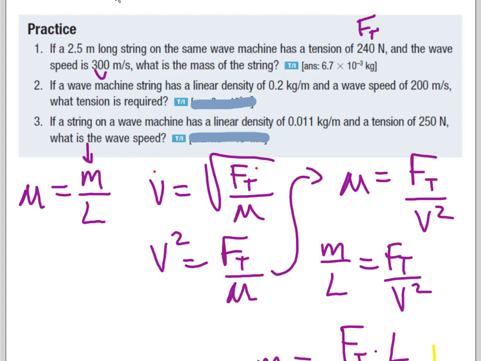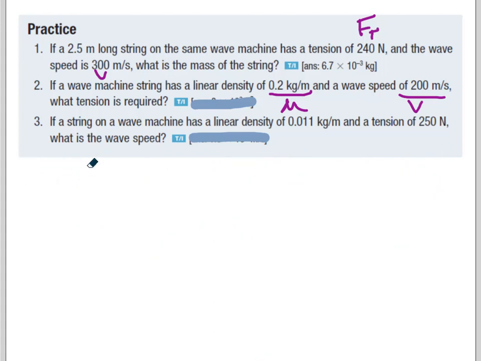Just note a couple things here. This is your mu. Okay, this is your v, and what tension is required. Maybe we'll do that one real fast. Awesome. Okay, so v equals square root F_T over mu.